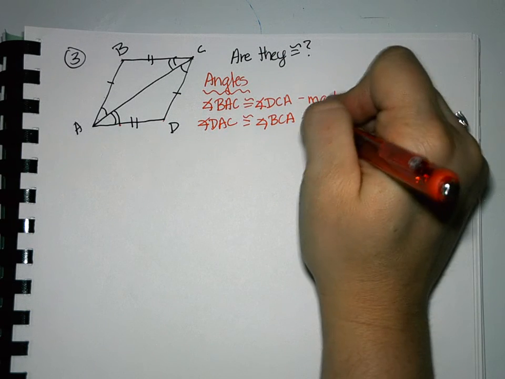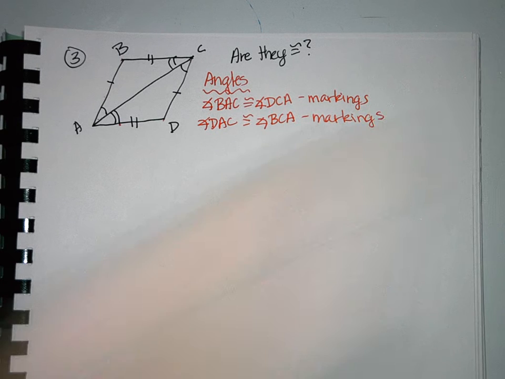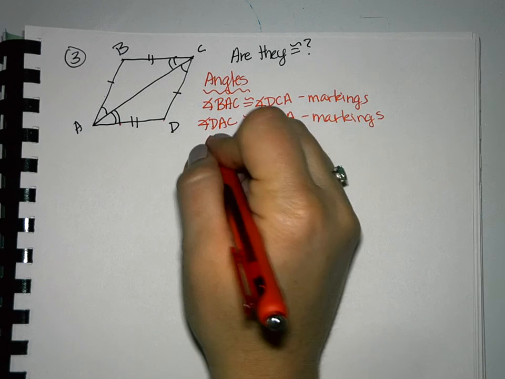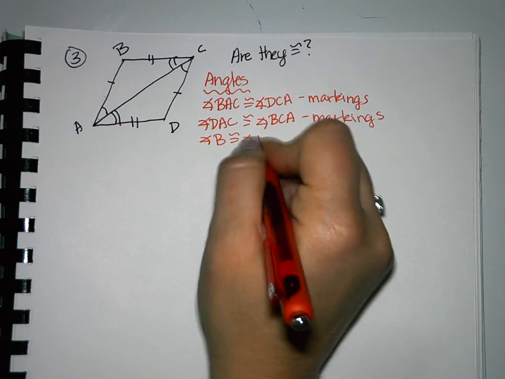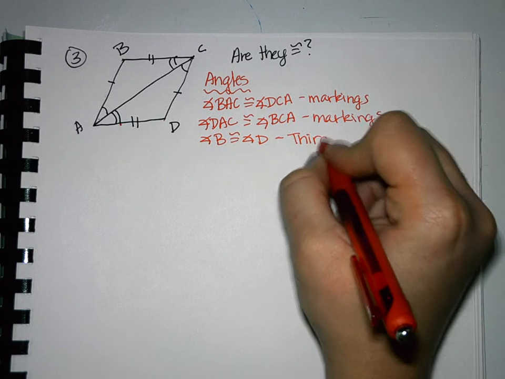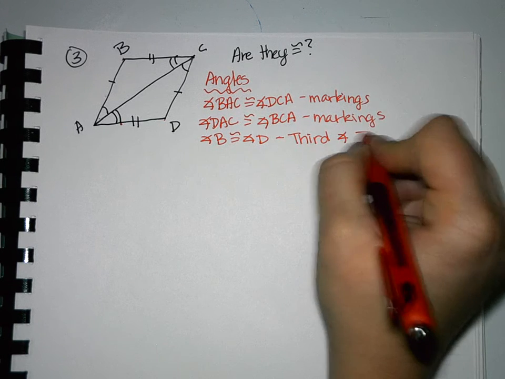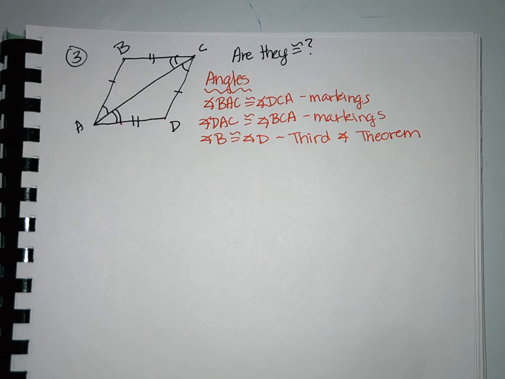Are those congruent? Think about the theorem we just used for angles in the last one. Okay, they are congruent, by what we called the third angle theorem. So we've shown all 3 angles are congruent.